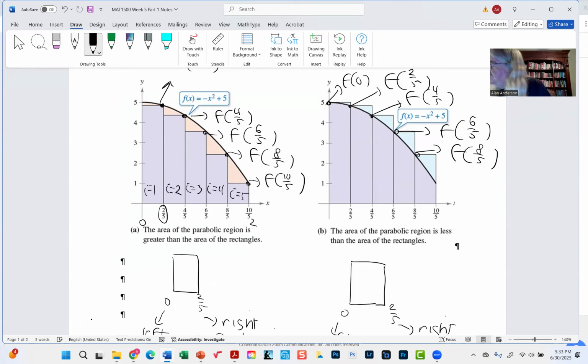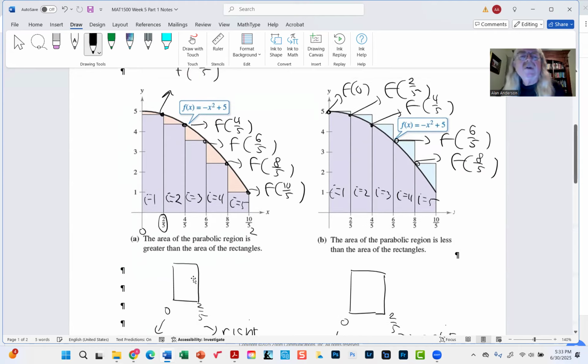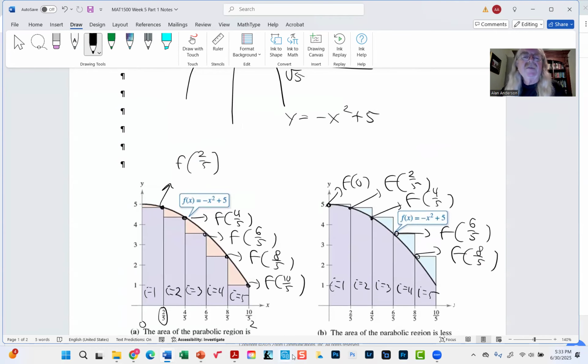Same thing over here. Now, one more thing I want to label properly. In this graph on the left, we're using the right endpoints to determine the heights of the rectangles. Over here, it's the left.